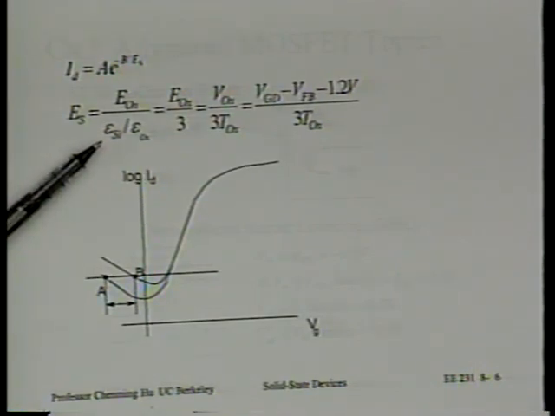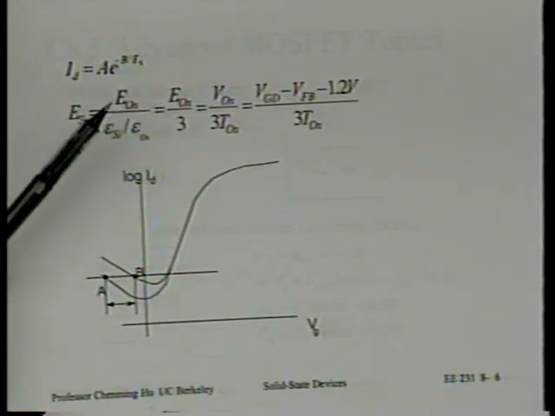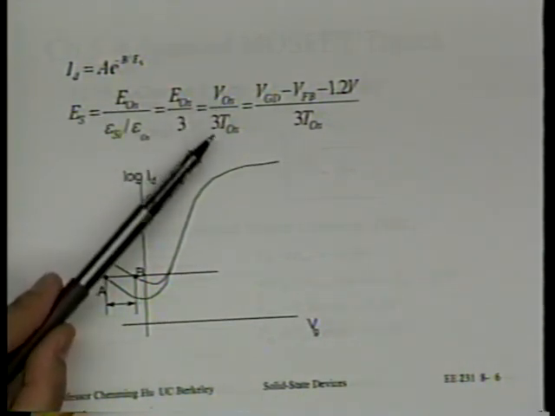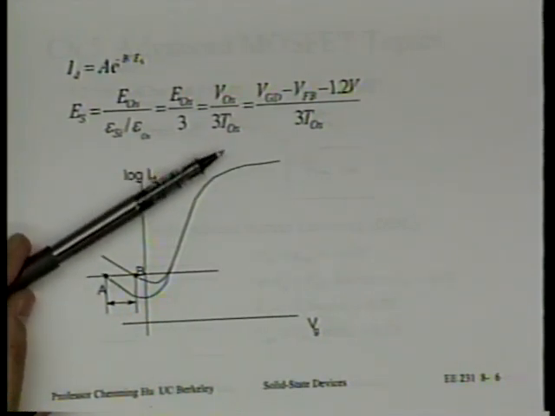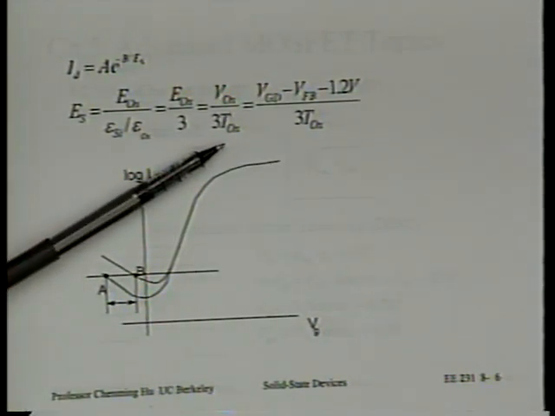Does that make sense? 3 being the ratio of the two epsilons. So if we knew the electric field in the oxide divided by 3, then we know the electric field in the silicon. Is that right? Electric field in the oxide is equal to the voltage in the oxide divided by oxide thickness. Is that right? So the question is, what is the voltage in the oxide?